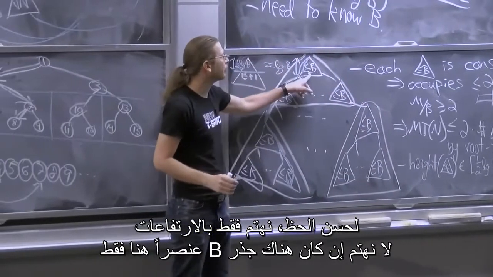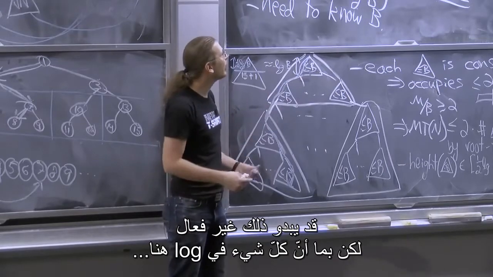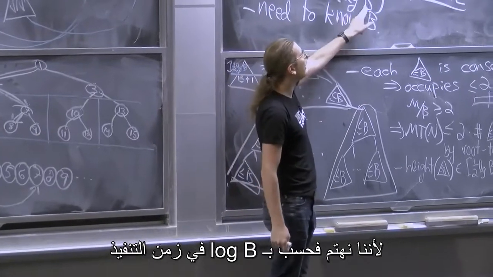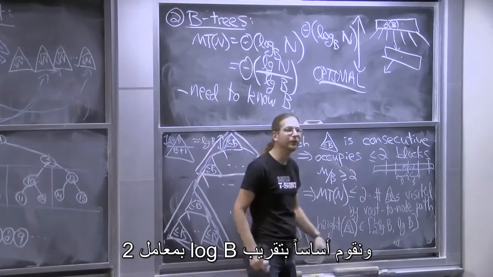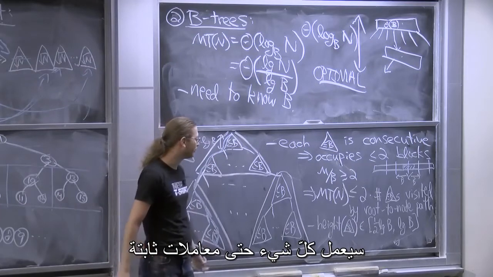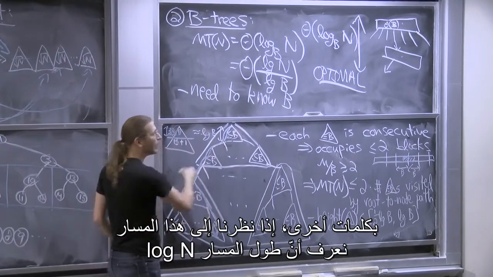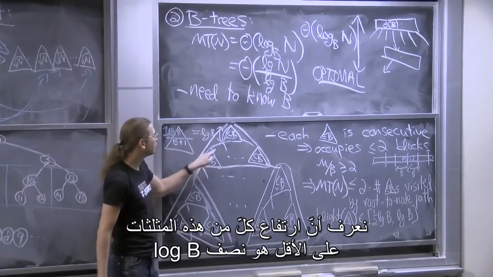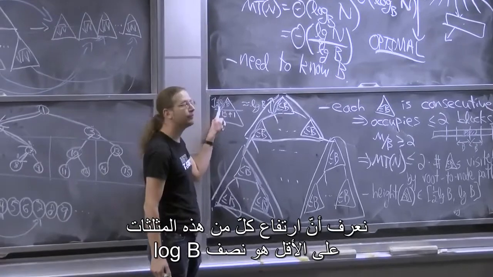We don't care that there's only root b items here. That may seem inefficient, but because everything's in a log here, because we only care about log b in the running time, and we're basically approximating log b within a factor of 2, everything's going to work up to constant factors. Okay? In other words, if you look at this path, we know the length of the path is log n. We know the height of each of these triangles is at least half log b.